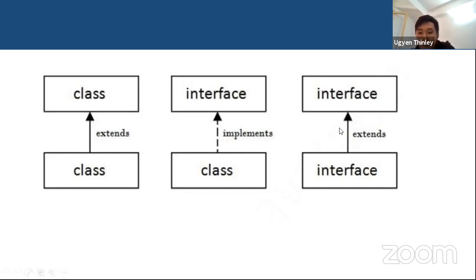When both the parent and the child are interfaces, you use the extends keyword to inherit the properties of the parent interface inside the child interface.